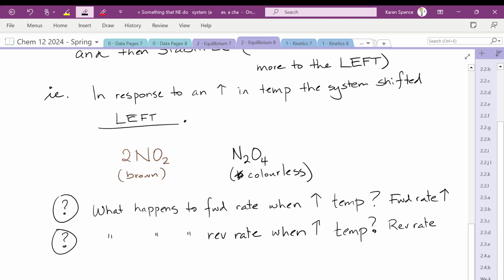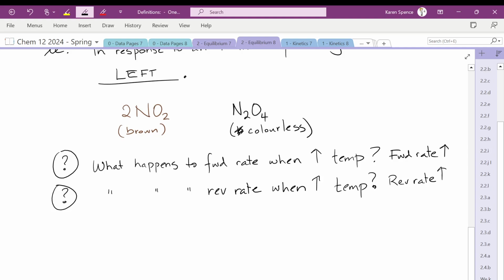When you increase temperature, what happens to rate? The rate increases. So when you increase temperature, both the forward rate and the reverse rate increase. But if we are shifting to the left, which rate had to have increased more?